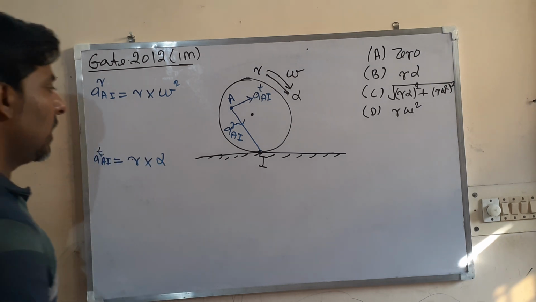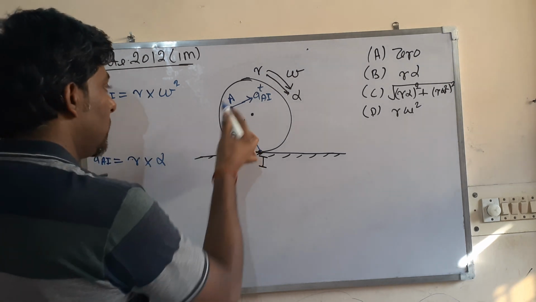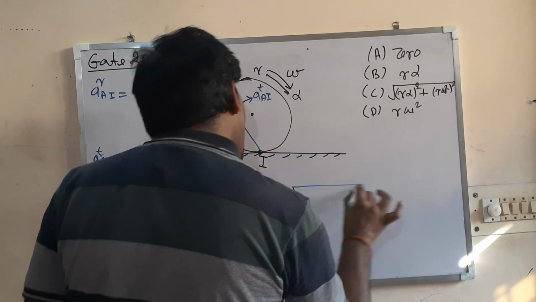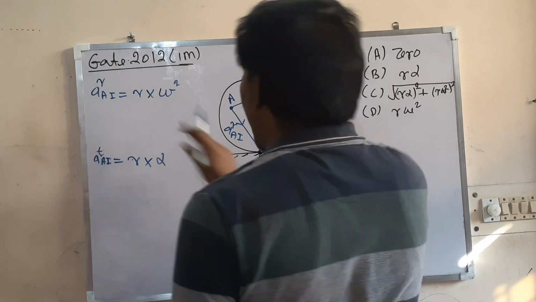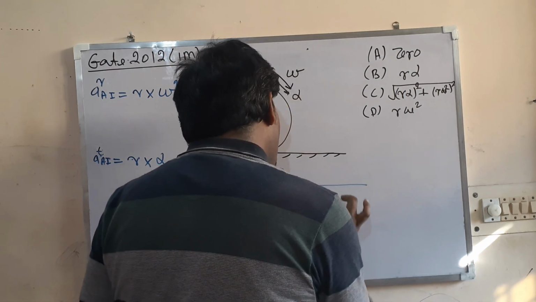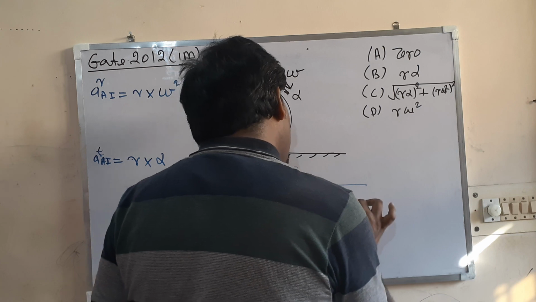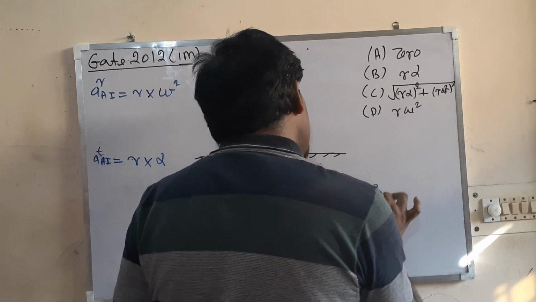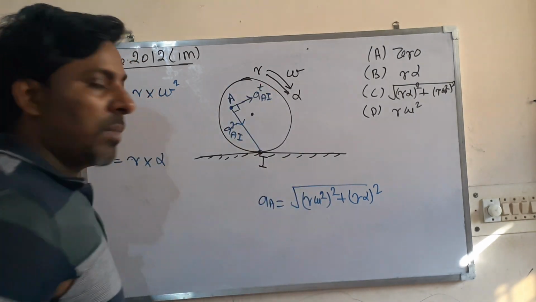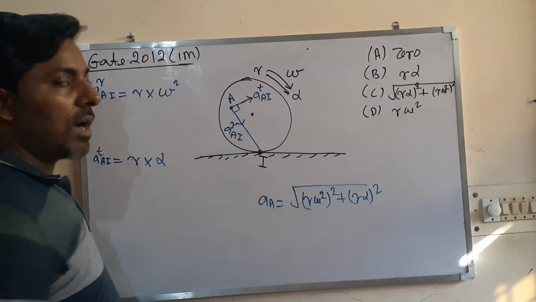Very good. Then what will be the resultant acceleration of this point A? That will be the square root of (R omega square) whole square plus (R alpha) whole square, because both are perpendicular. Then that will be your answer.